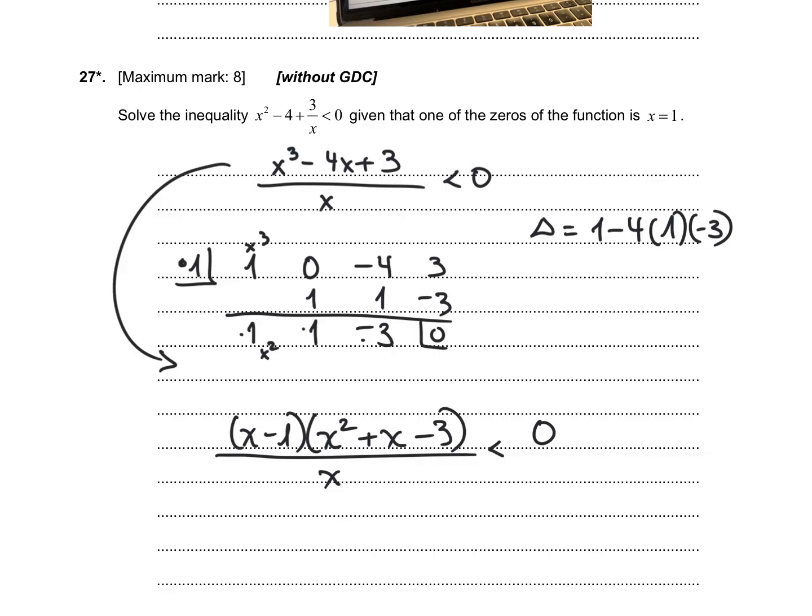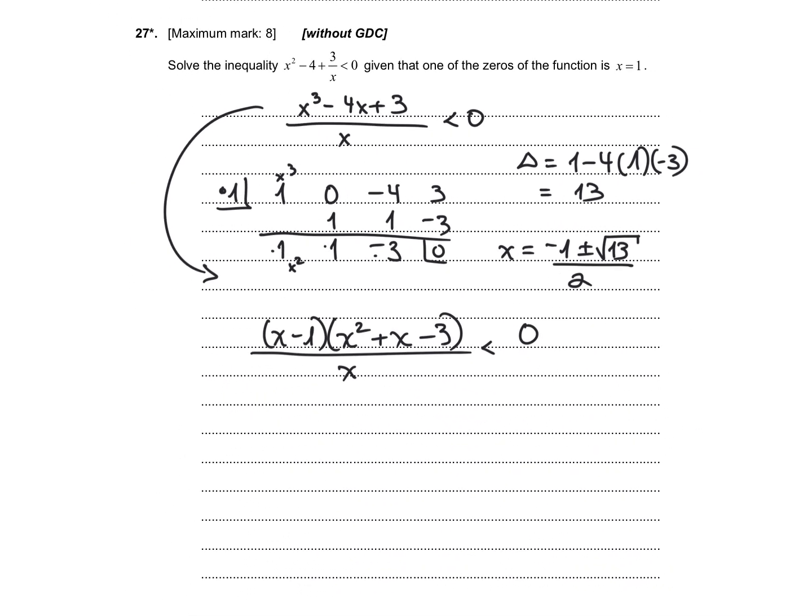Okay, I was thinking that it was either above or below the x-axis. It's not. So this is equal to 13. So in the quadratic formula, we're going to have negative b plus or minus the square root of 13 all over 2.